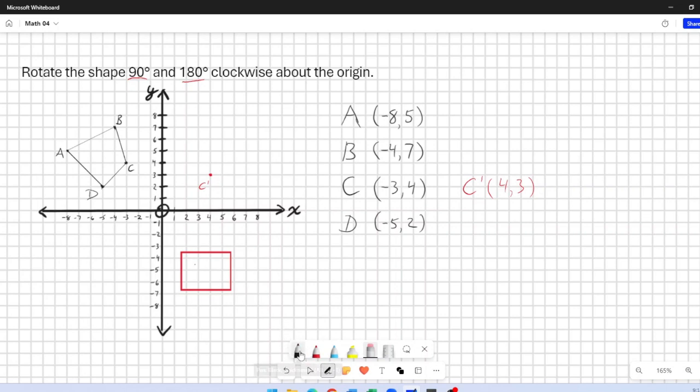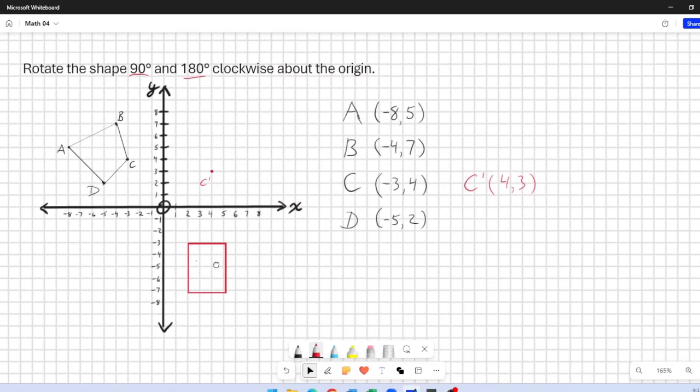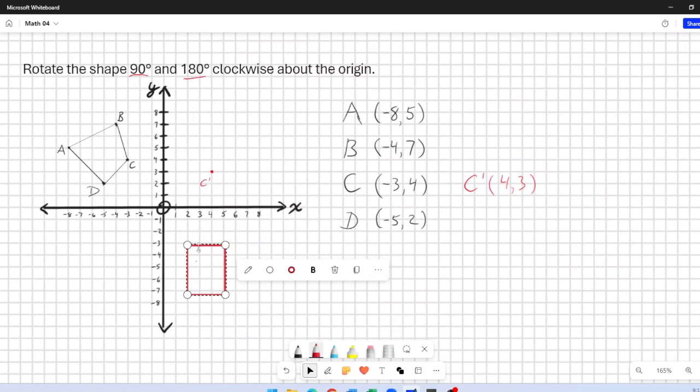Let's see here. We're going to rotate it back, and we're going to look at point B. So point B is at -4 and 7. I already wrote that down. All right, so let's make this rectangle stretch where it's supposed to go.